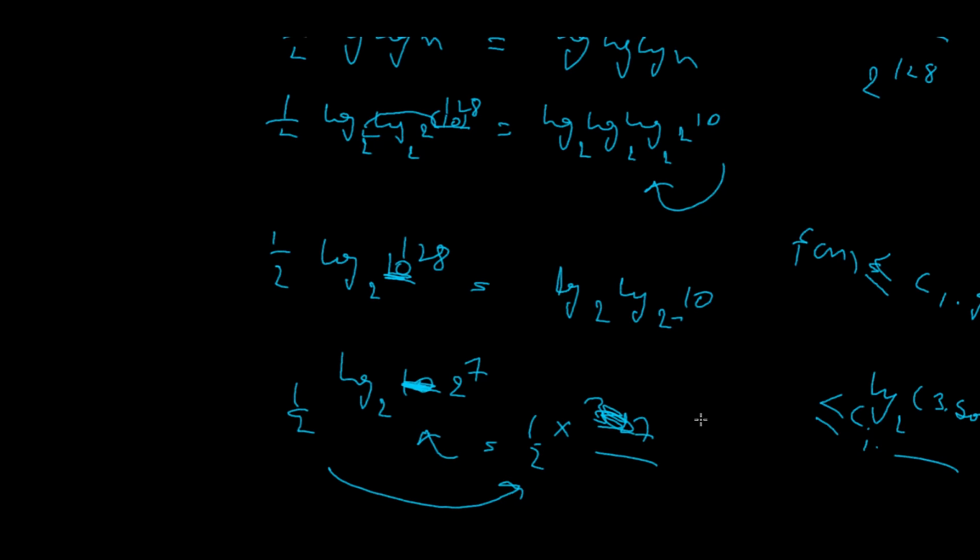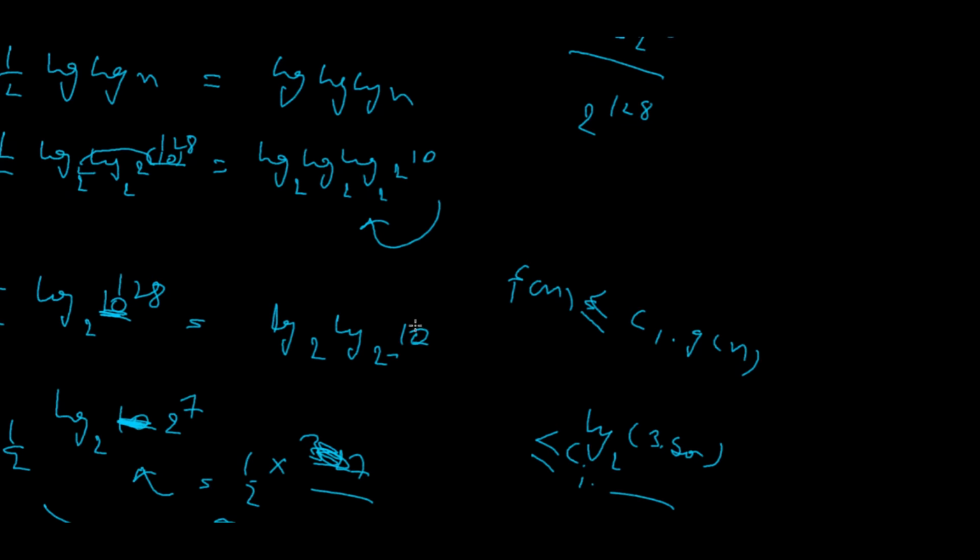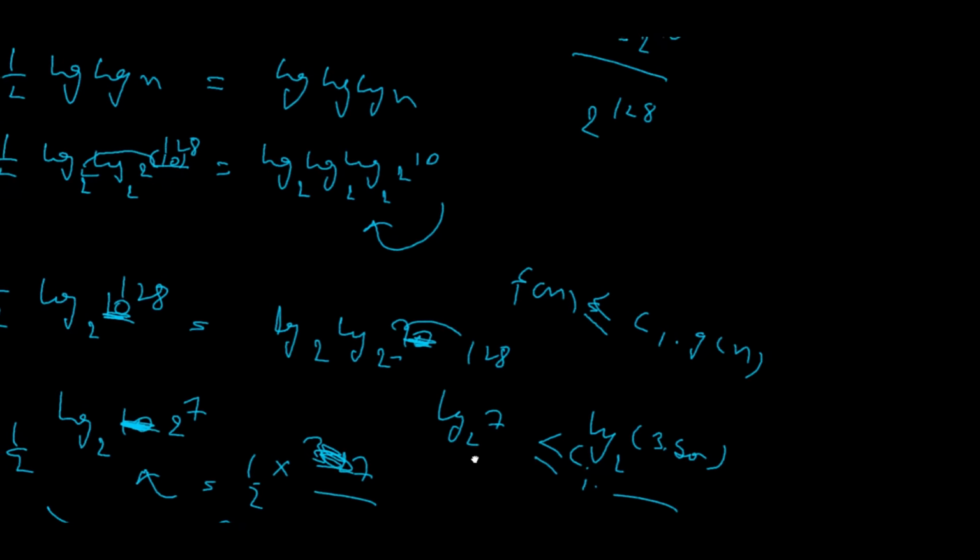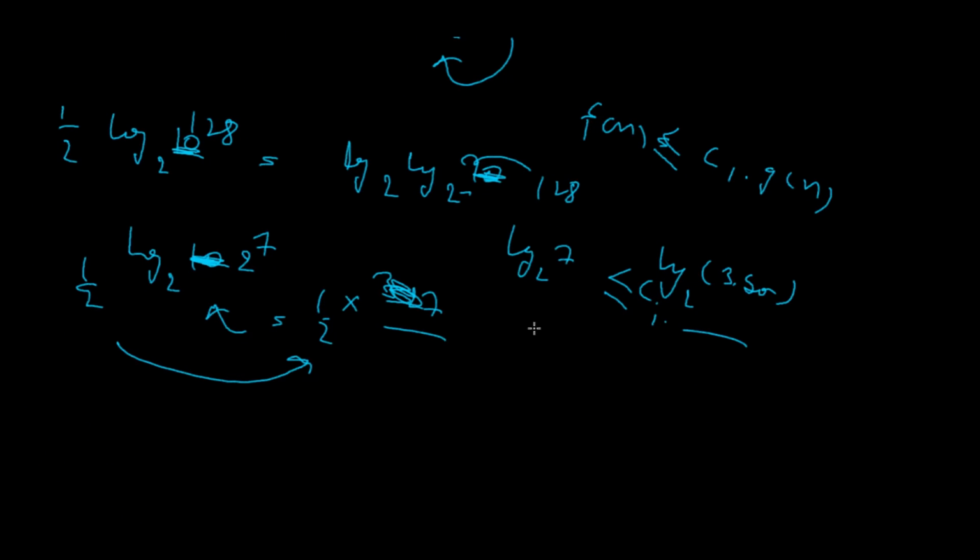And here the next will be log 7 base 2, which will be around 2 point something, less than 3, because 2 to the power 3 is 8. And this side will be 3.5, which is obviously greater than 2 point something. So this one is also wrong.